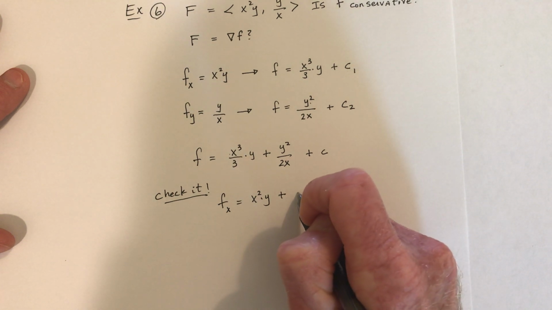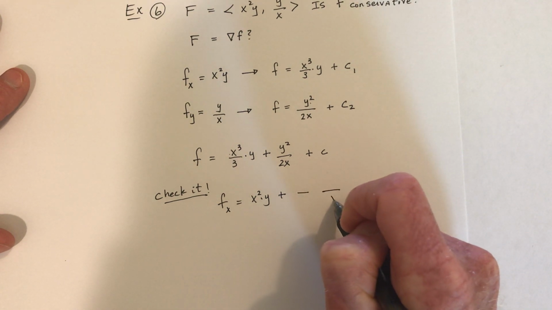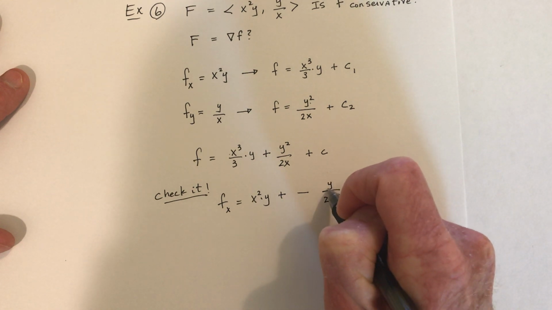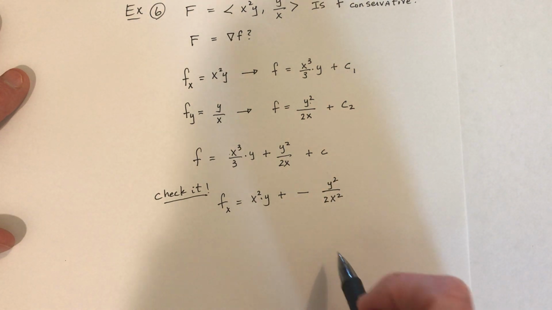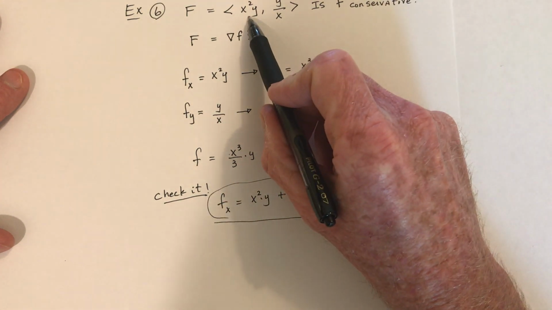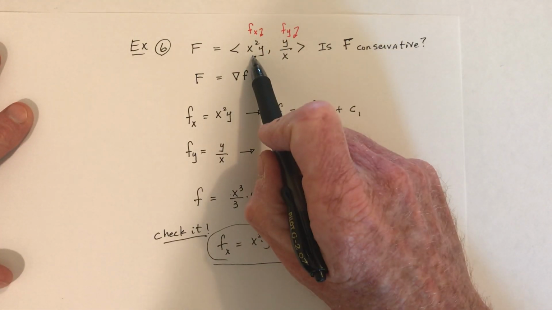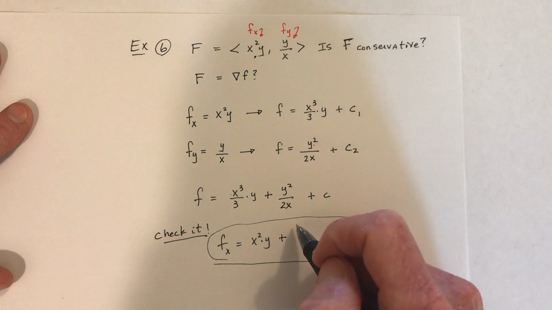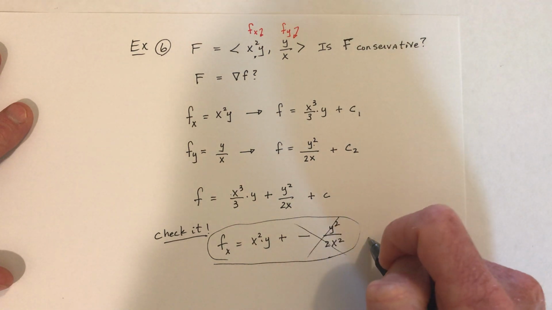Its derivative will be negative 1 over x squared. And then the 2 will just stay there, and the y squared will stay there. And then, does this match this? Well, the first part does, but the second part does not. And so the answer is no, that did not work.